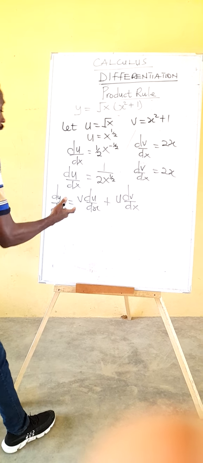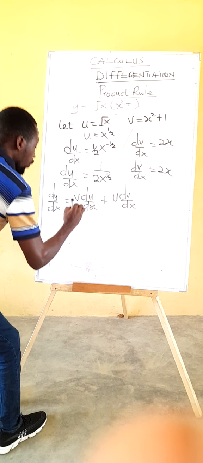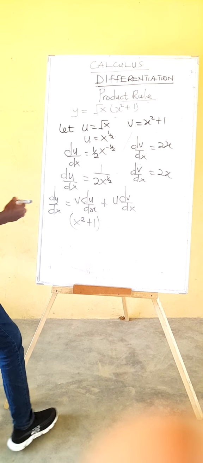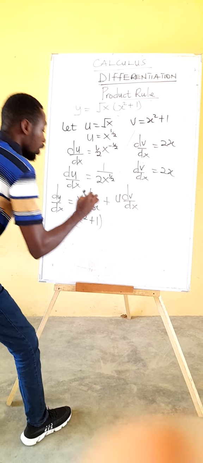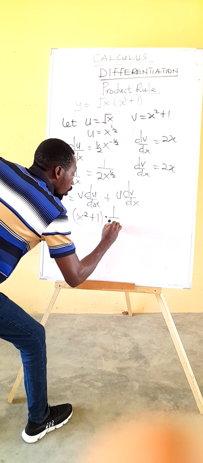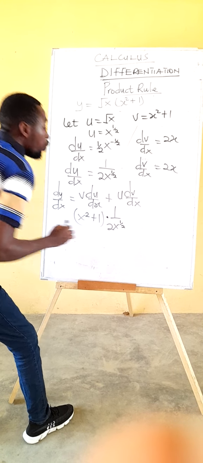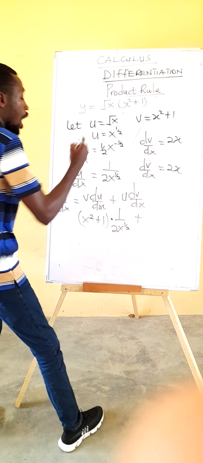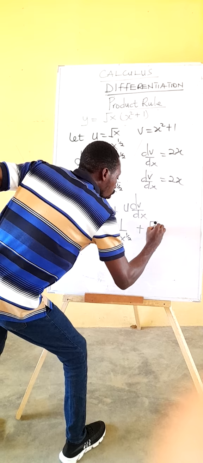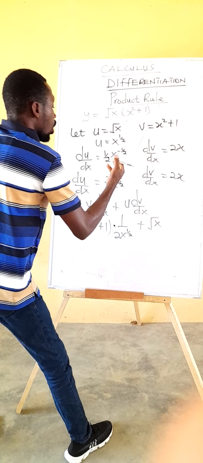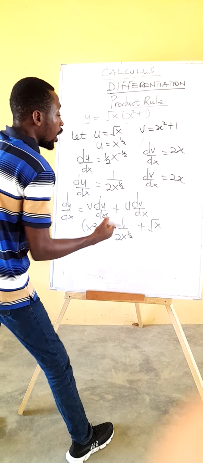So what's our v? Our v is x squared plus 1. What's our du over dx? That's 1 over 2 x exponent half, plus what's our u? Our u is root of x. Then what's our dv over dx?